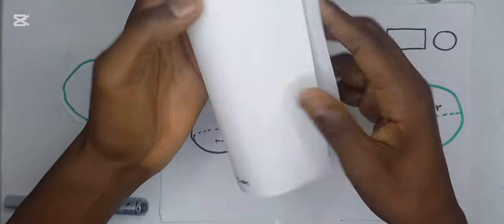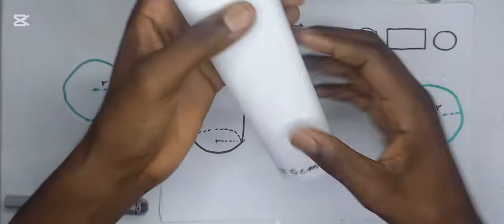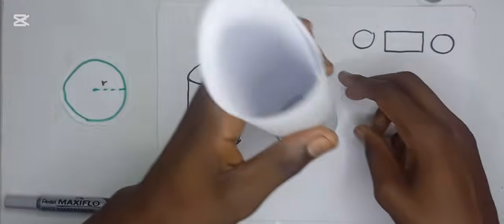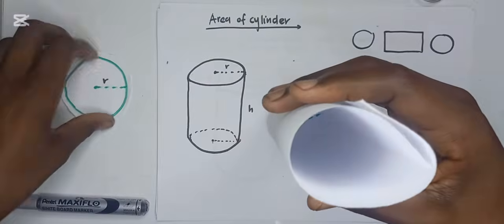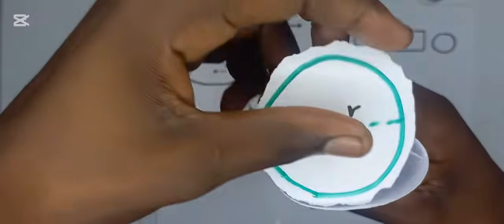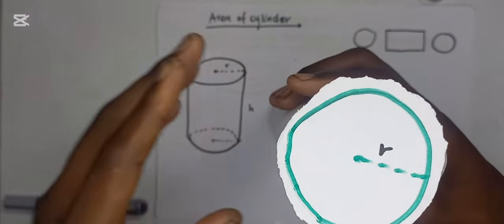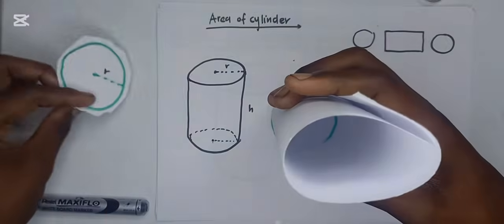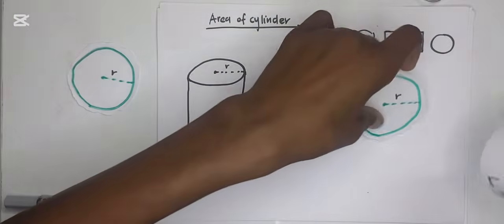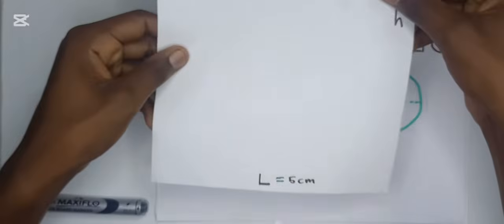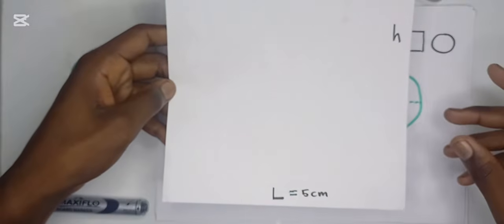Then we put this circle up front here, and we also put the other circle there. And what is formed here is a cylinder. Hence I say a cylinder is formed by two circles and a curved rectangle.